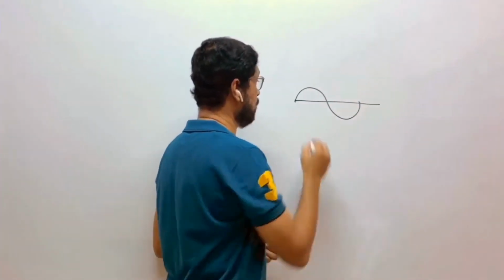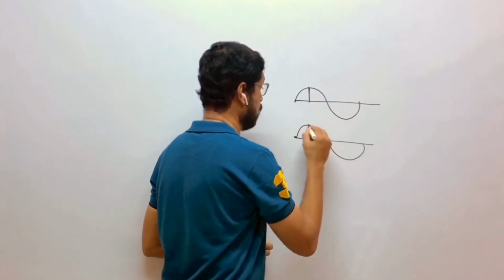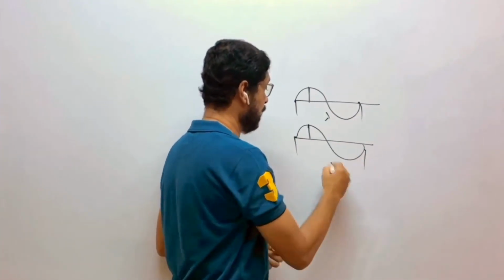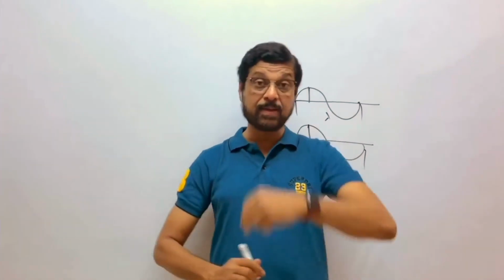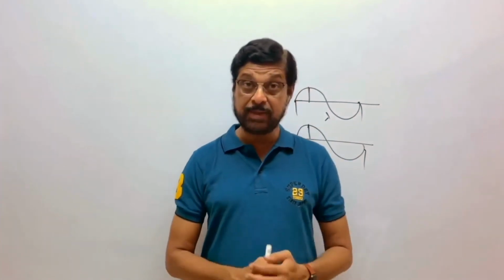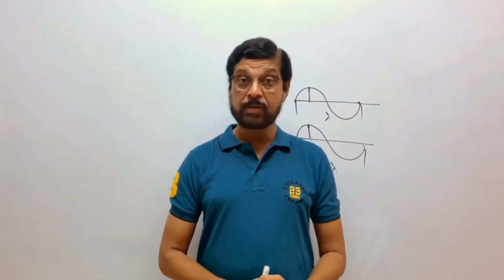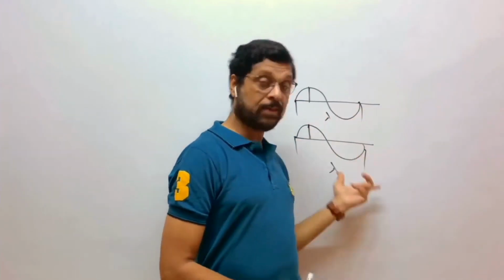If this is one wave, the second wave has the same amplitude, their wavelengths are the same, and their periods are also the same. So two exactly identical waves means two waves having the same amplitude, same frequency, and same wavelength.